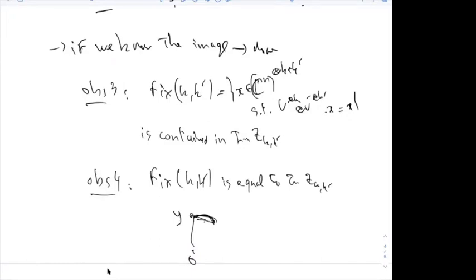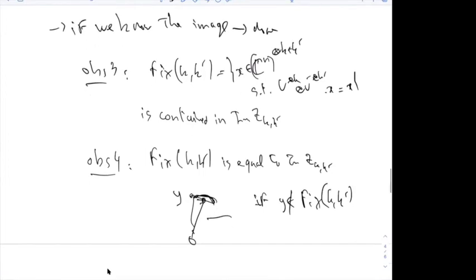Then if I take the expectation, by strict convexity, if y does not belong to fix k prime, the norm of z k prime y must be strictly less than the norm of y. This is the strict convexity of the Euclidean norm. If I move a little bit around and take the expectation, it has to go down. So this is exactly the fixed points, and then basically we are done.